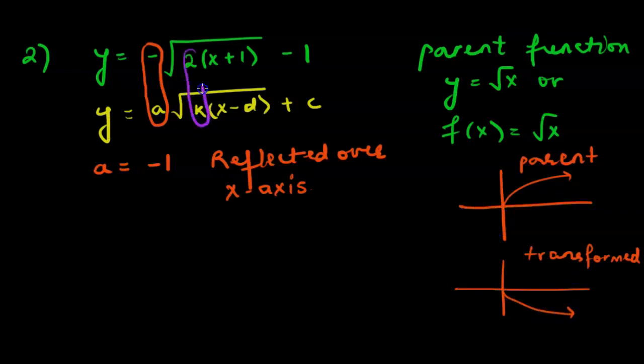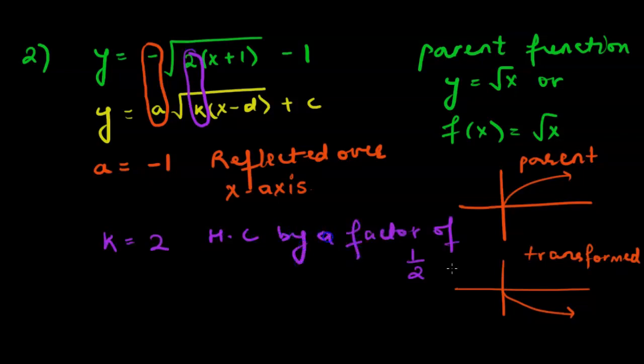Now we see k = 2. We describe the value of k. If the k value is greater than 1, that means it's a horizontal compression by a factor of 1/k. In this case, 1/k is 1/2. Next, because I told you we have to take the sign as well, the general function has a negative sign between x and d, but your question has a positive sign between x and d.